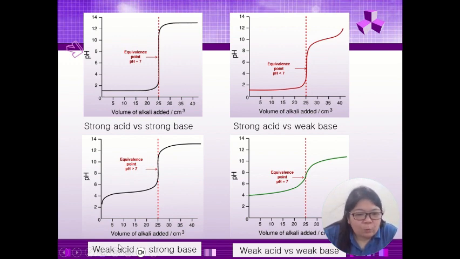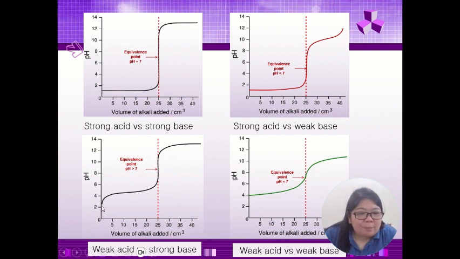Next one, let's look at weak acid versus strong base titration. This time we start with weak acid. Now compare weak acid and strong acid. Weak acid is partially dissociated in aqueous solution, so you have a lower concentration of hydrogen ions in the solution.